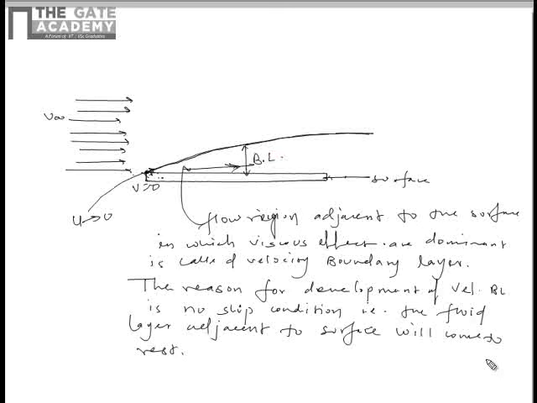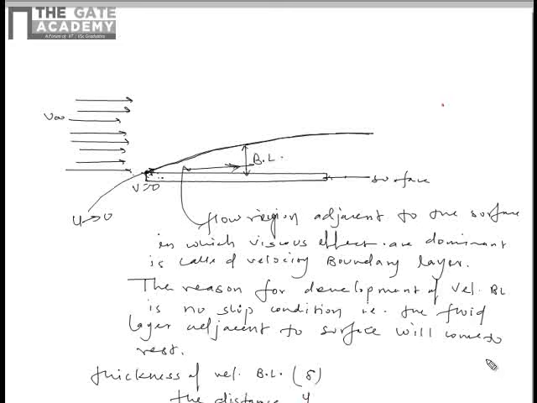Okay, so the thickness of the velocity boundary layer, let us say we denote this by delta.